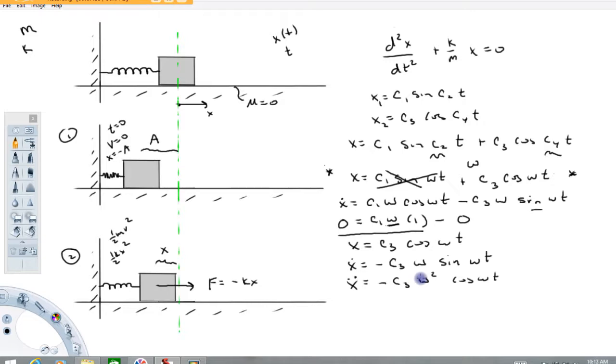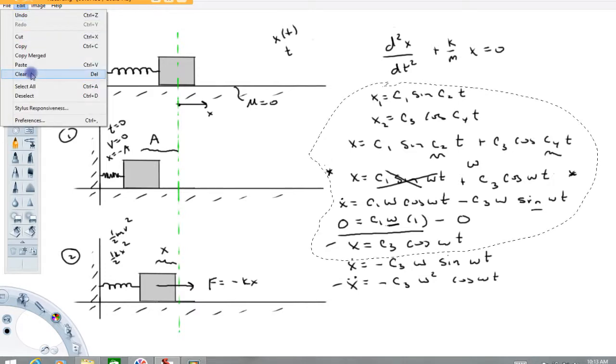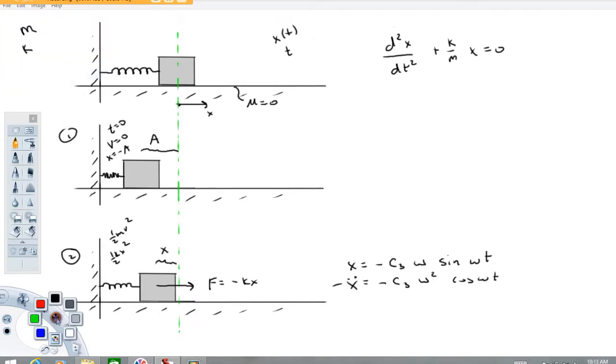So what we're going to do now is sub this and this into our original equation. I'm going to need some room to do that. I don't think we're going to need any of this anymore. All right. So this equation is now going to read the second derivative of x with respect to time squared, and that's what I've just calculated, minus c3 omega squared cosine omega t, plus this term, k over m, times x.